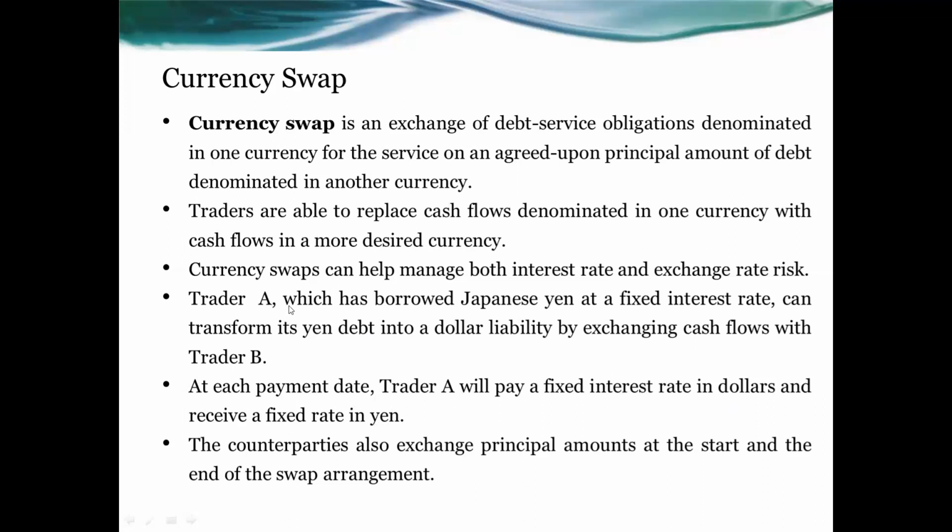Trader A borrowed Japanese yen, at a fixed interest rate. Now what he is doing is he pays his interest in dollars and he receives payment in yen. Right. So that is happening in a currency swap.